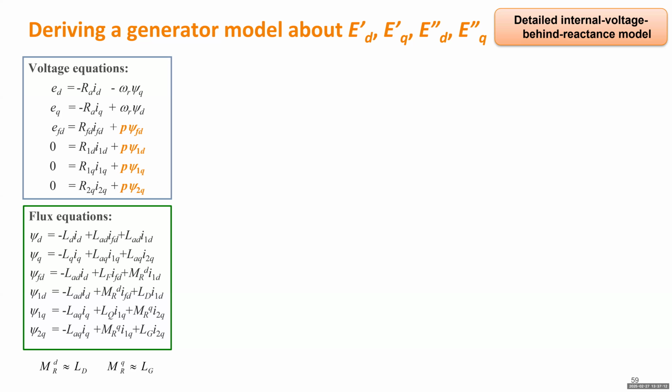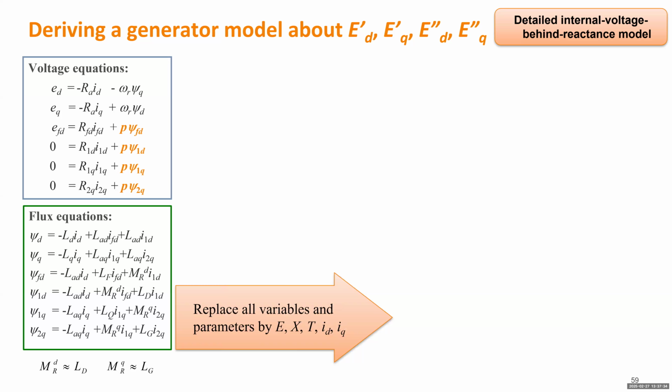But the Q and D axes have a 90-degree shift, which means ED single prime comes from the flux linkage in the Q axis, and EQ single prime comes from the flux linkage in the D axis. We are going to replace all the variables here. At the end, we're going to only have voltage, reactance, time constants, and current. We don't need anything else. Definitely, you can also include resistance. Those all have physical meaning.